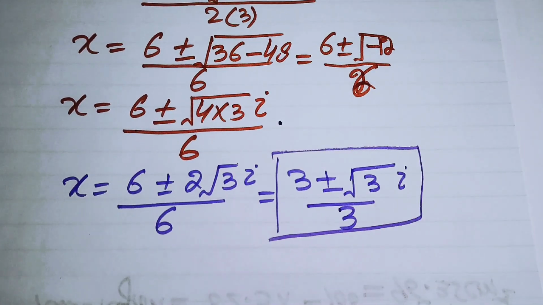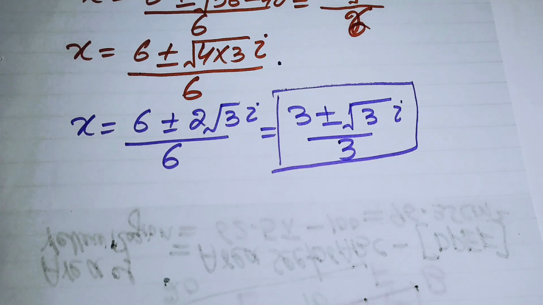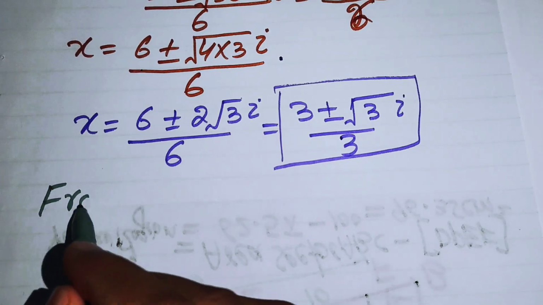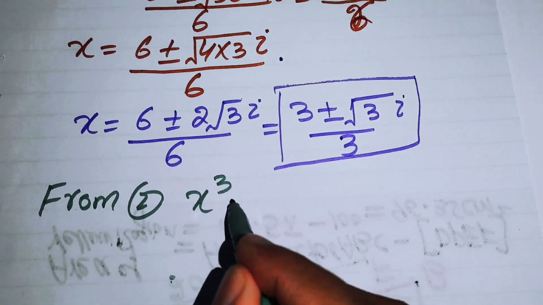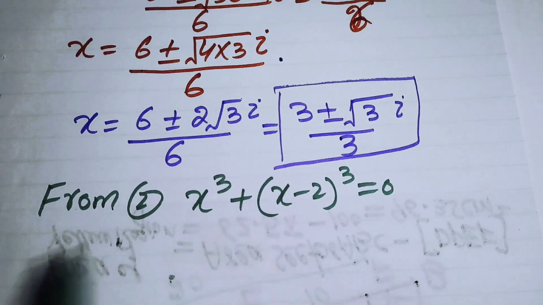Now in order to find the other roots, we need to solve our equation number 2. Equation number 2 is x cubed plus x minus 2 cubed equals 0.